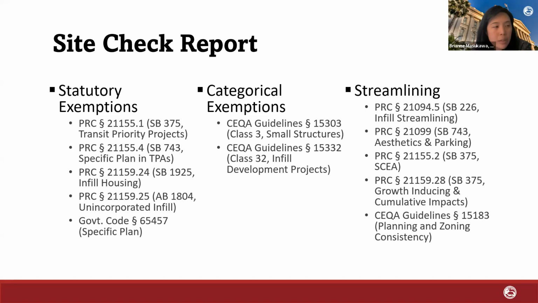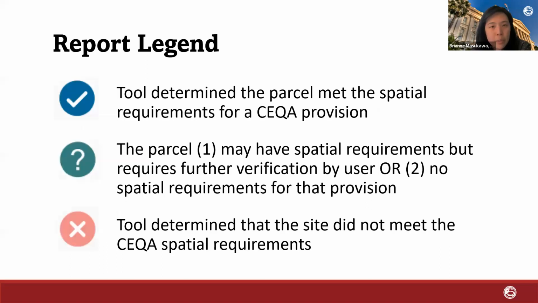These were selected as they are the most relevant to as many situations as possible within California. You'll be able to tell how well the potential site matches the CEQA provisions being checked in the tool by three icons.